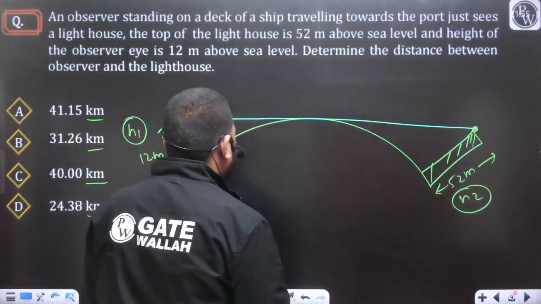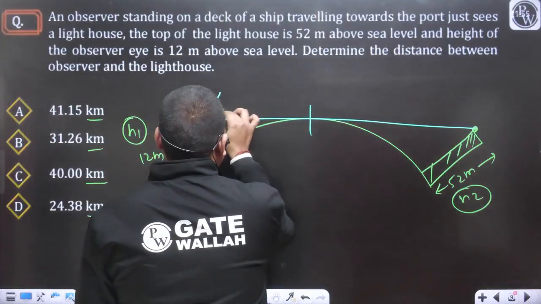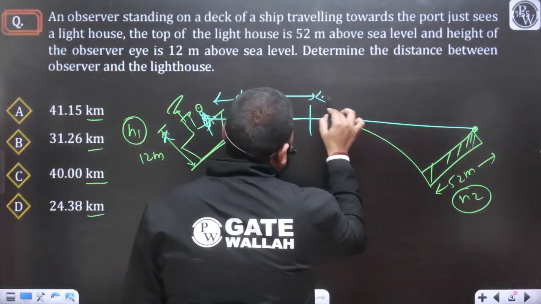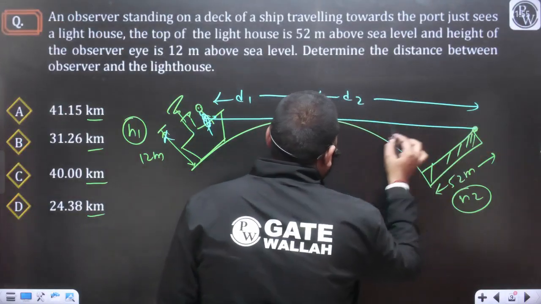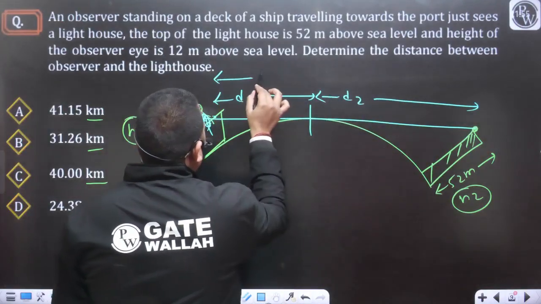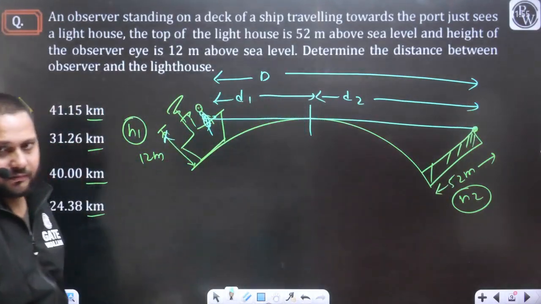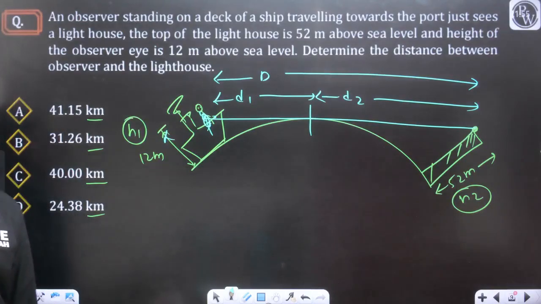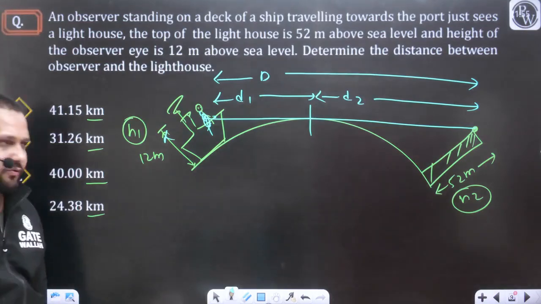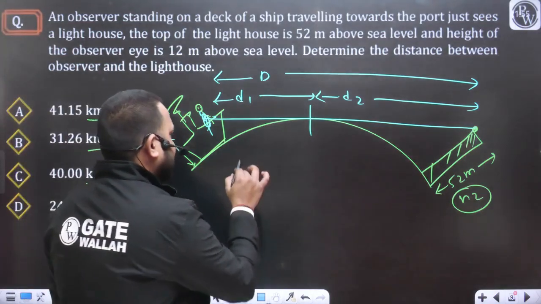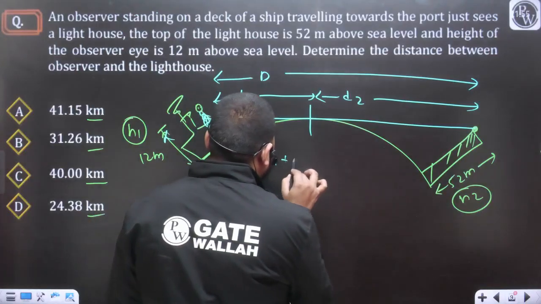So this distance is going to be D1, and this distance is going to be D2. They are asking what is the distance between the observer and the lighthouse. That we can calculate very easily. So this total distance is going to be D1 plus D2.